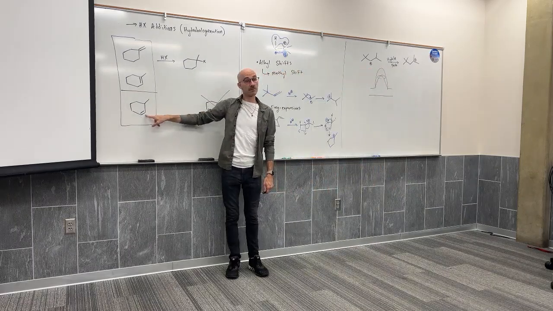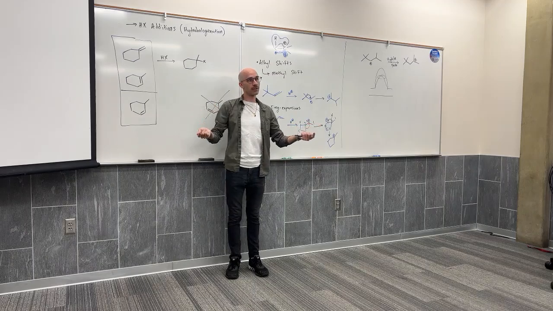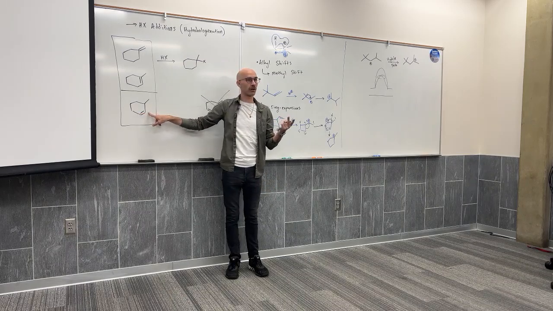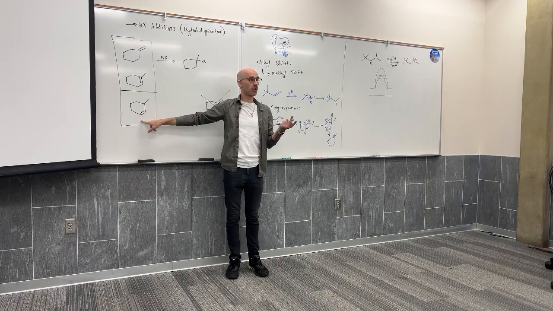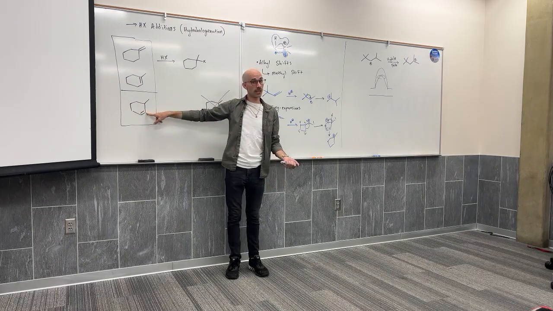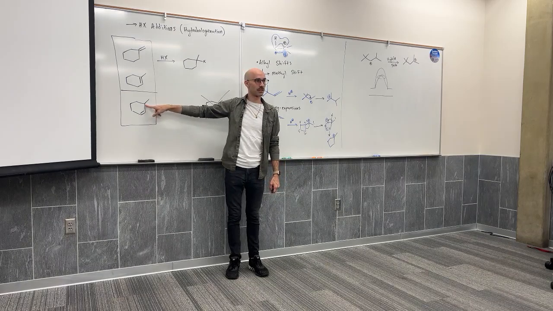But this alkene is symmetric, which means both carbons could take the carbocation. If the carbocation forms here, it's secondary, surrounded by secondary carbons. No rearrangement. No stability gained by rearranging. If the carbocation forms here, which it has a chance of doing, then it will rearrange to the more substituted position.